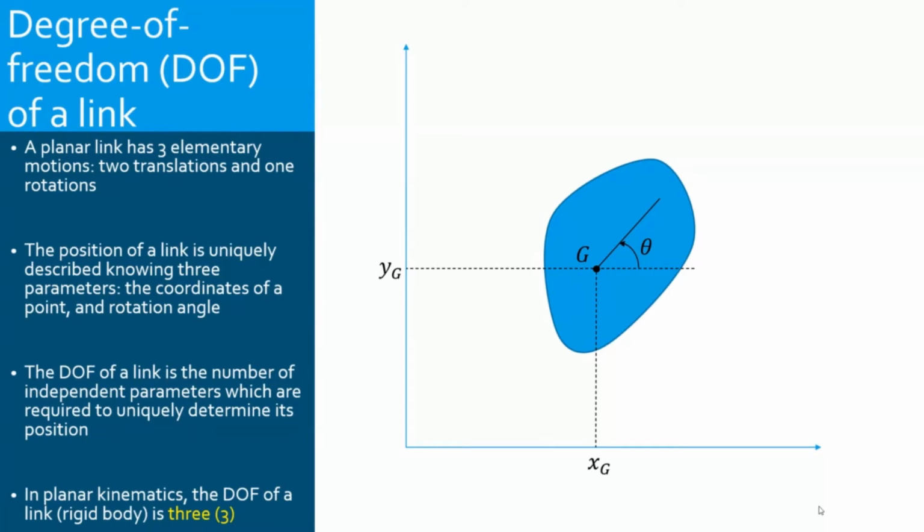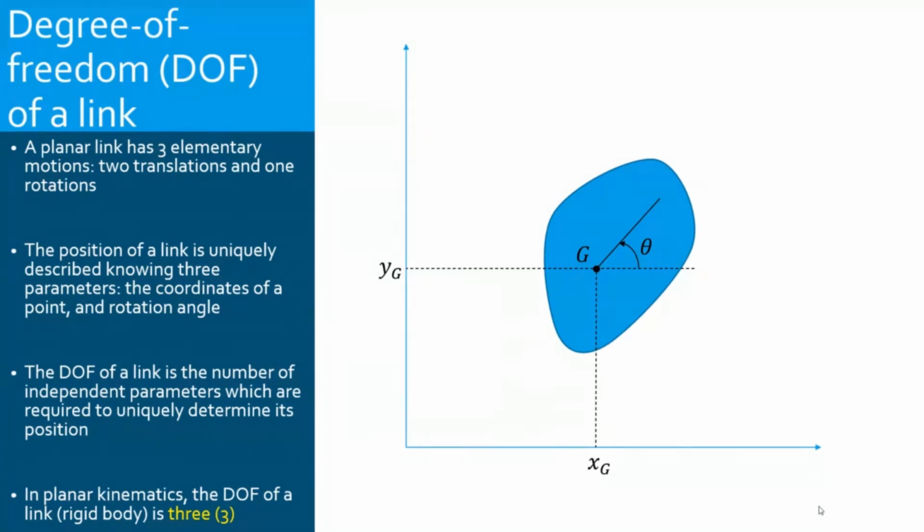And these 3 parameters actually correspond to the elementary motions. So here, for example, the 2 coordinates of the center of mass describe the translation motion, the 2 elementary translations of the rigid body.